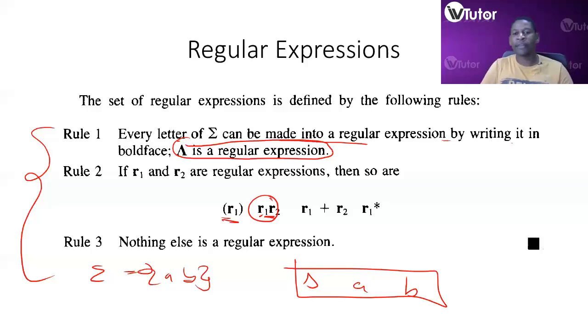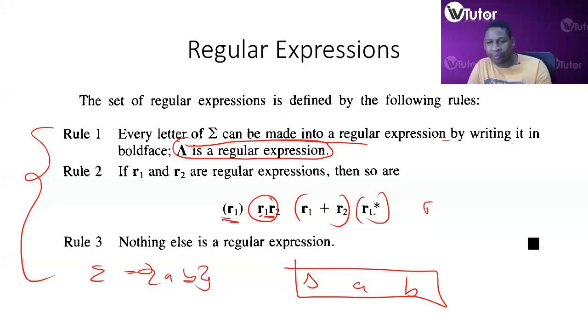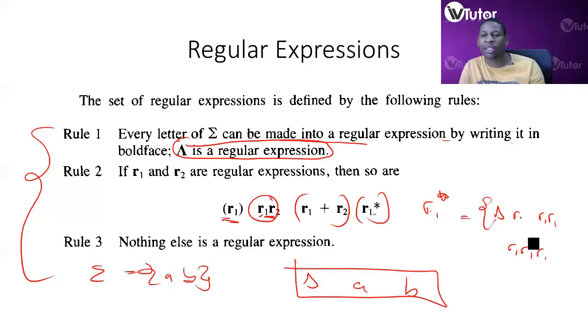And we also have R1 or R2, the union of two regular expressions is also a regular expression, and R1 Kleene closure. Kleene closure means it becomes a set which includes lambda, and you can have R1, R1R1, R1R1R1, right? So it's 0 or more of these. So you pick from R1 as many times as you so wish.